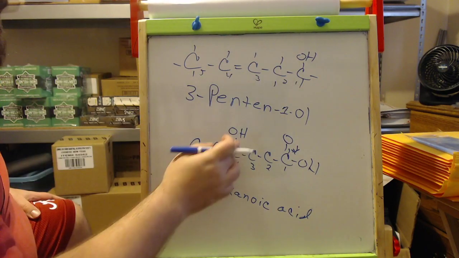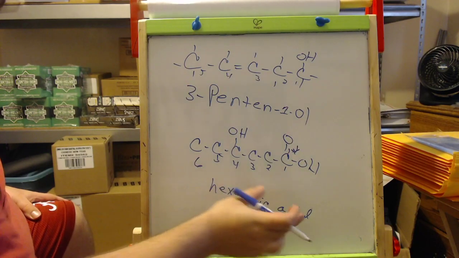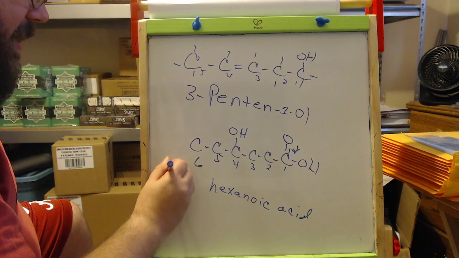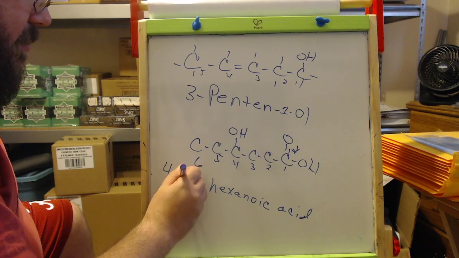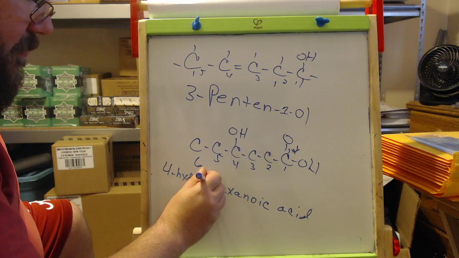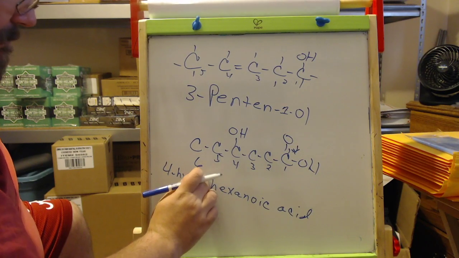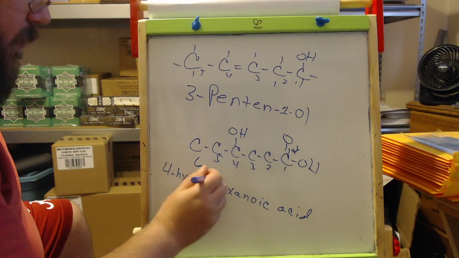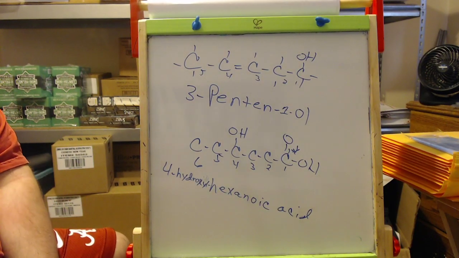If it's not the main functional group, I'm no longer an alcohol. I'm really hexanoic acid, but on the 4th carbon I have a hydroxy. So it'd be 4-hydroxyhexanoic acid.